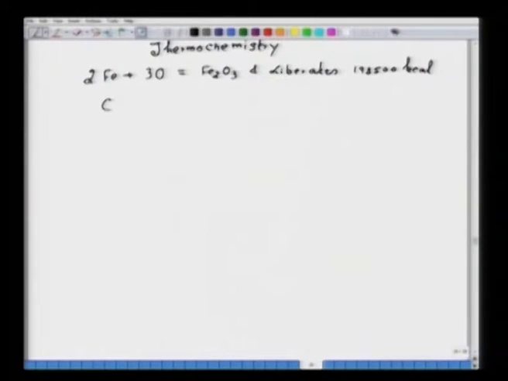Similarly, another example, C plus O2 equals CO2 and liberates heat of the order of 97,200 kilocalorie.